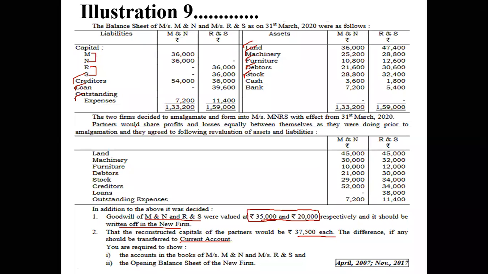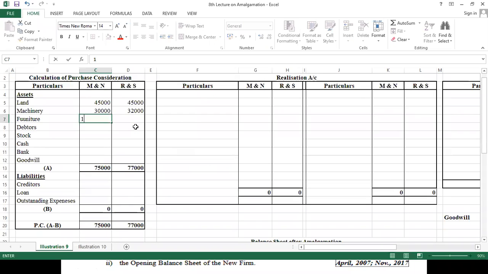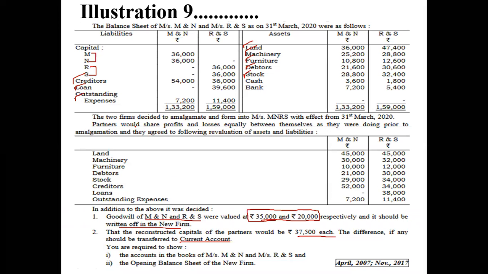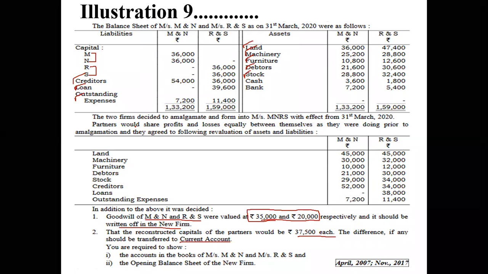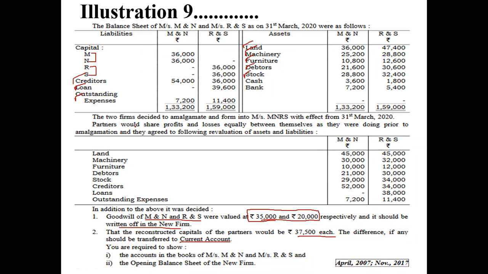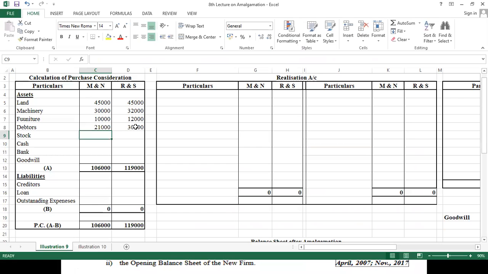Then furniture: 10,000 and 12,000. Debtors: 21,000 and 30,000. You people also pay concentration here. If we write something wrong, ultimately our balance sheet will not tally. Stock 2934.